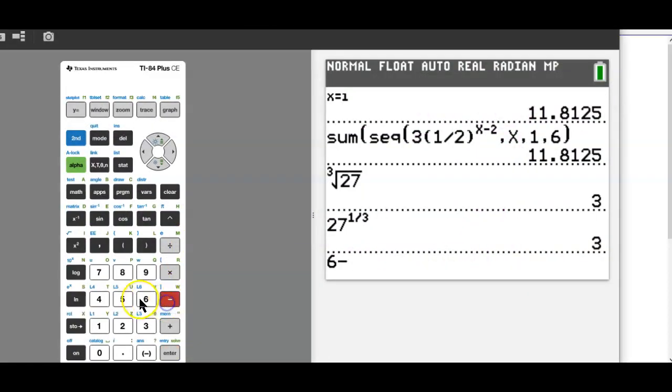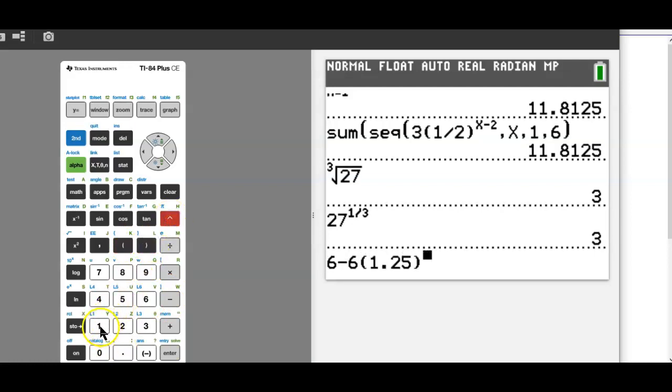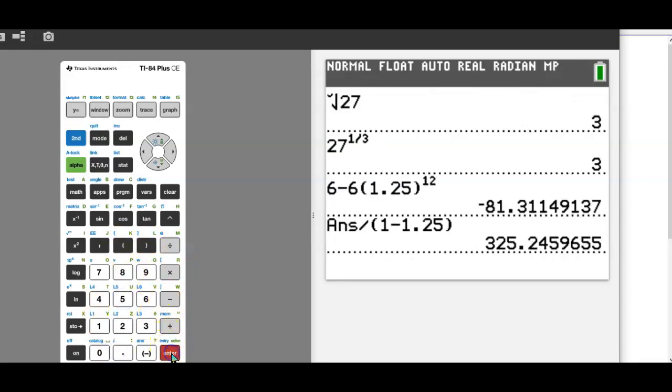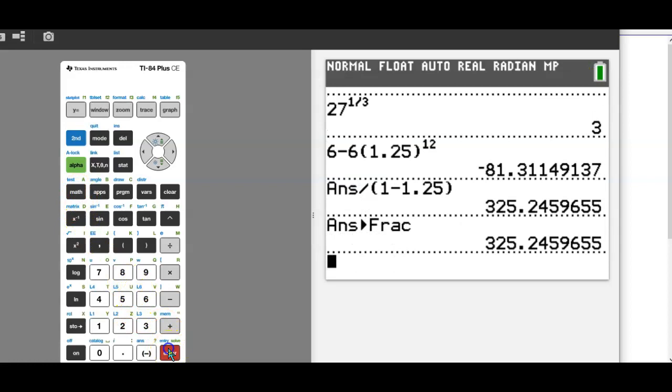So 6 minus 6 times 1.25 to the 12th, and then that whole answer gets divided by 1 minus 1.25. Most of these you could change to an exact answer. That one will not.